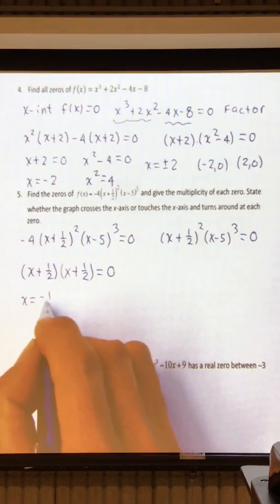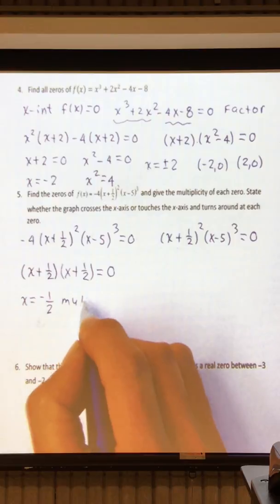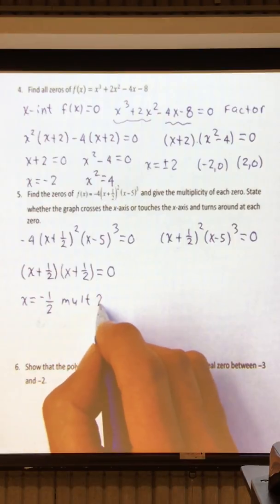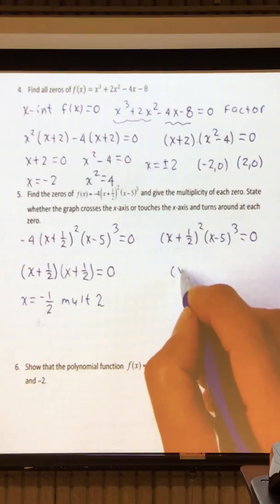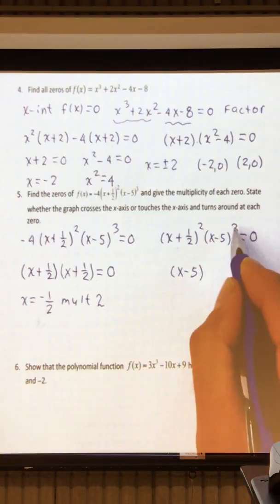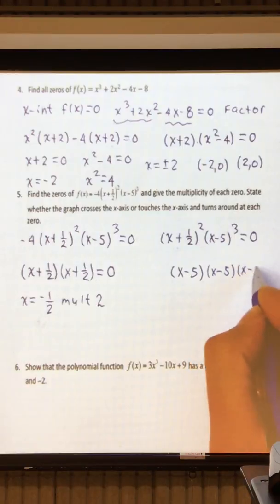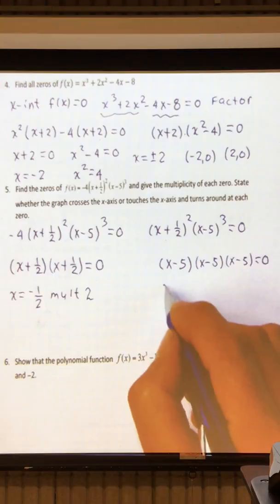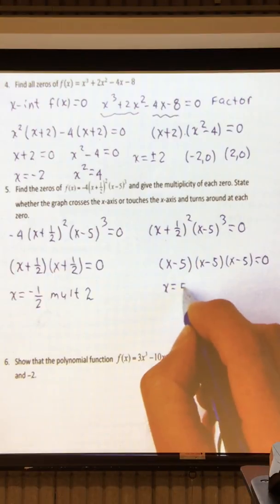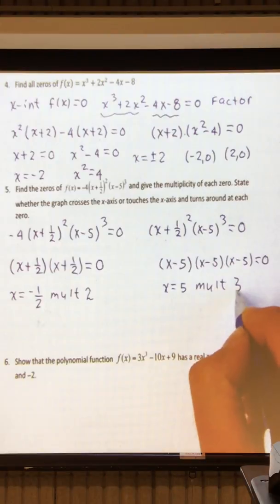That will give us the zero of -1/2, but it occurs 2 times, and that means multiplicity 2. We'll take our second factor, x minus 5, to the third power. That means x minus 5 three times. And that gives us the zero x equals 5, and it occurs 3 times, so that's multiplicity 3.